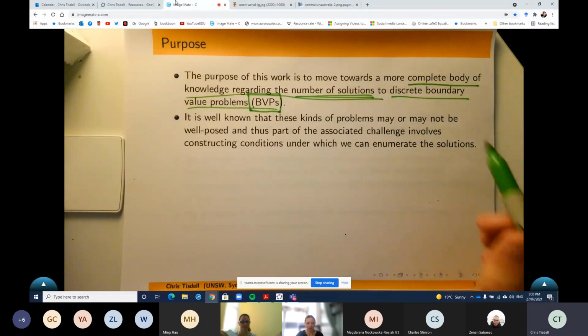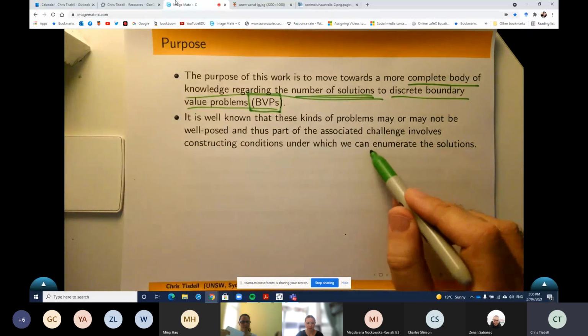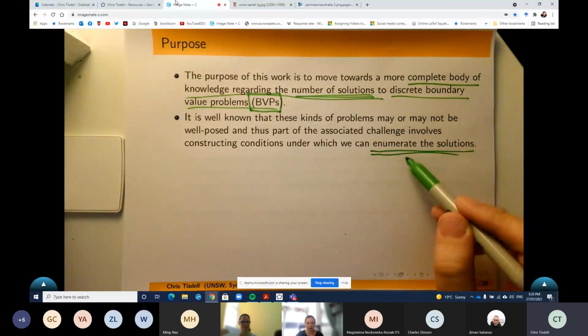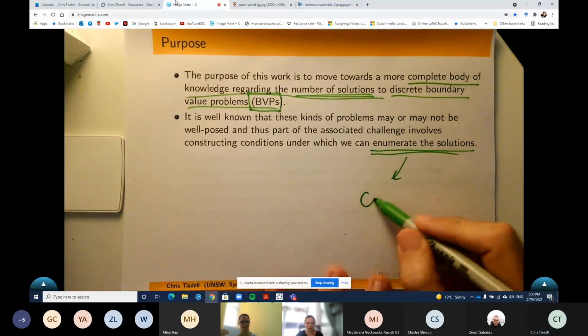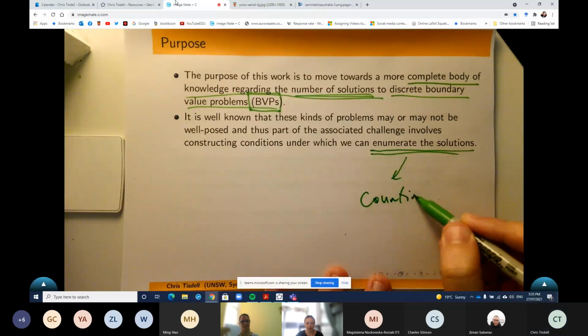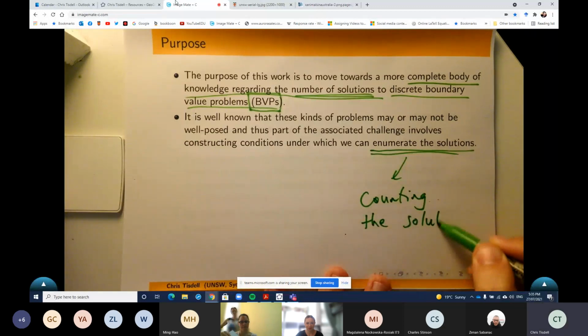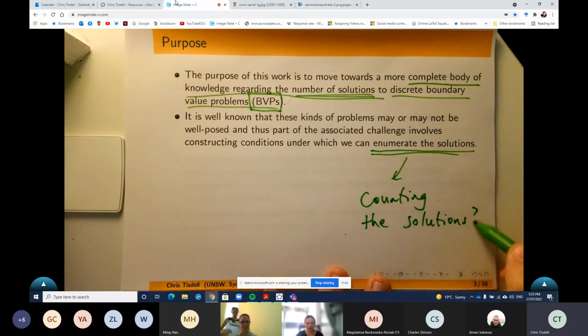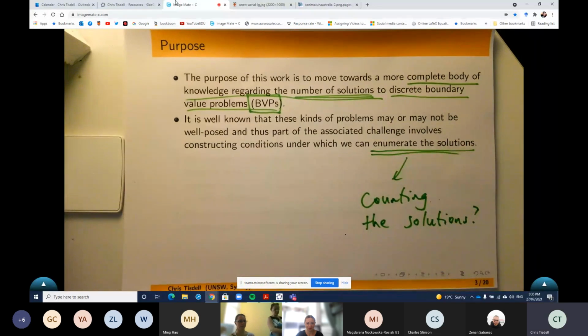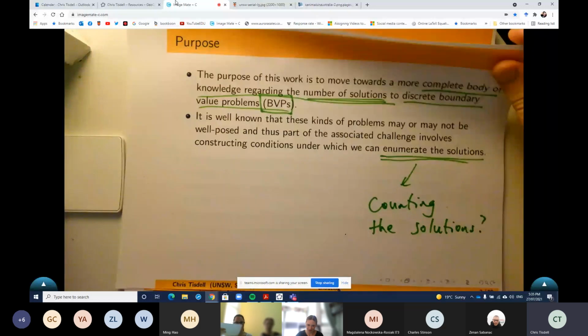So is there some sort of scientific way of precisely counting the solutions? It is possible.